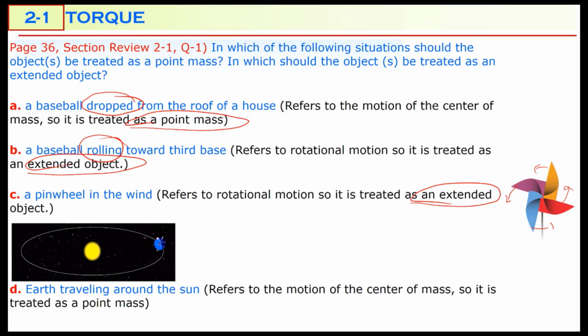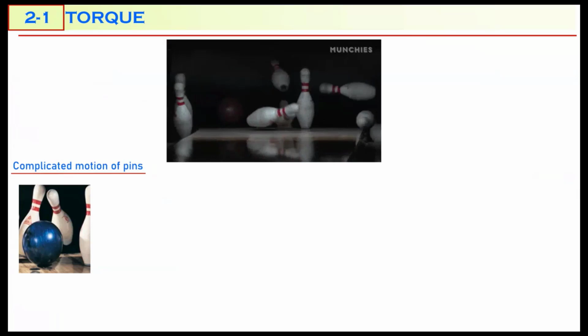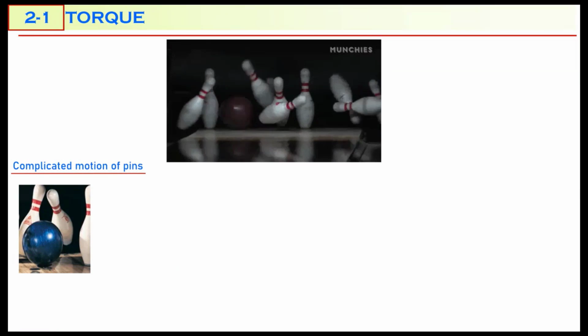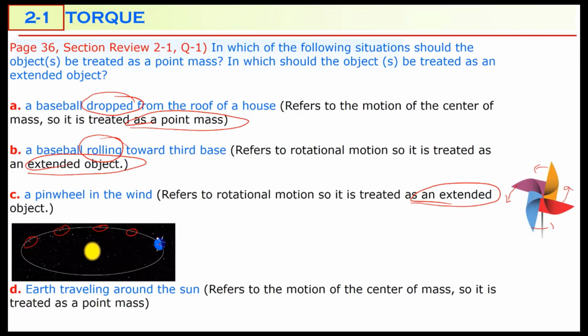It is referring to the circular motion of the Earth around the sun. In this case, it's defining the motion of the center of mass, defining the translational motion. So it must be treated as a point mass. This is the only question in your book on whether an object must be treated as a point mass or as an extended object.